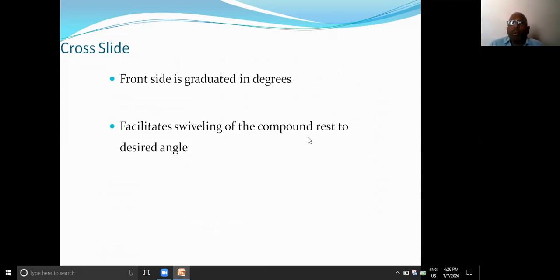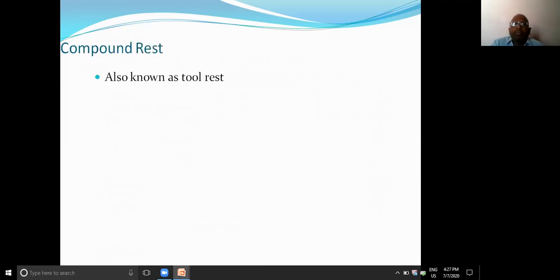In order to adjust the compound rest to a required angular position, the front portion of the cross slide is provided with angular markings, graduated, meaning it is represented with degrees or angle values. So the compound rest is swiveled over the cross slide to the required angle.